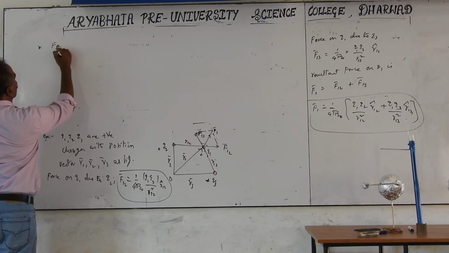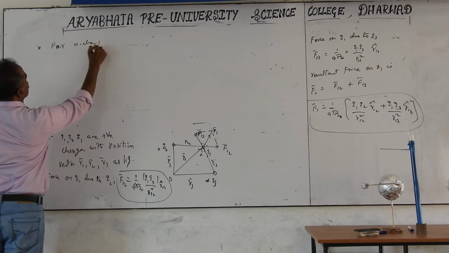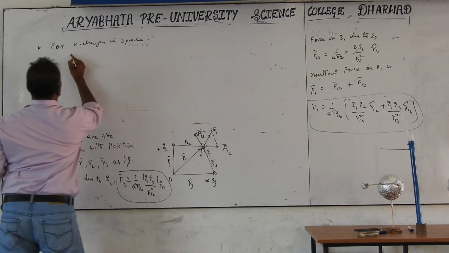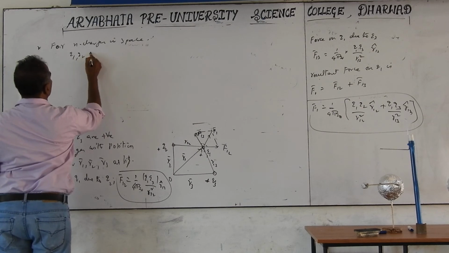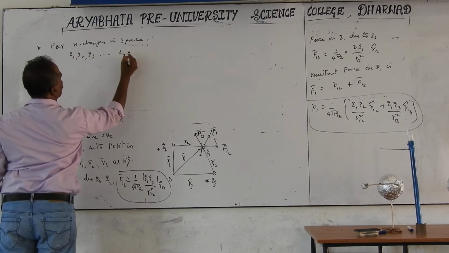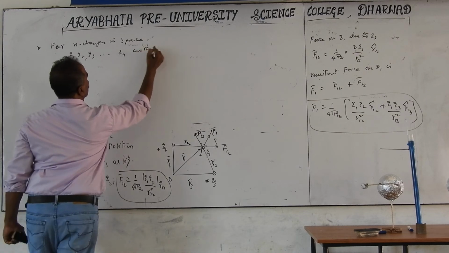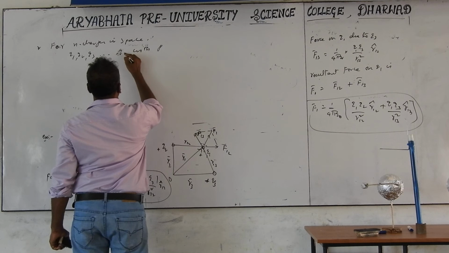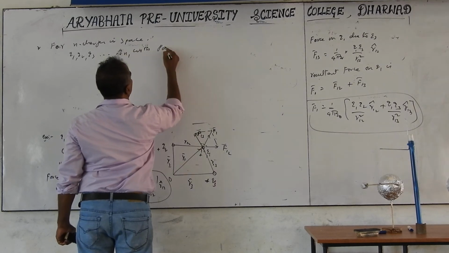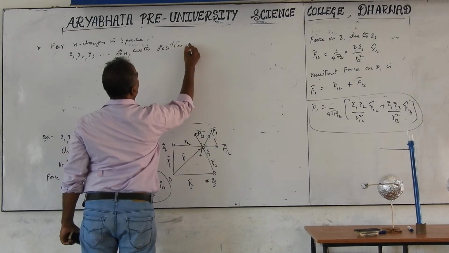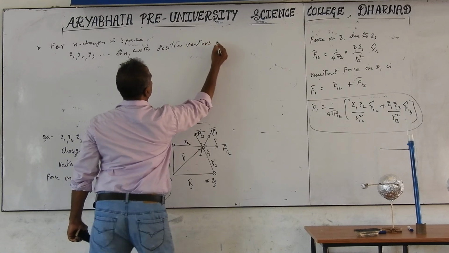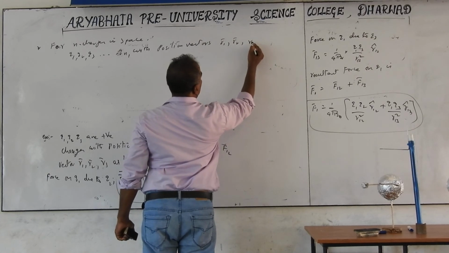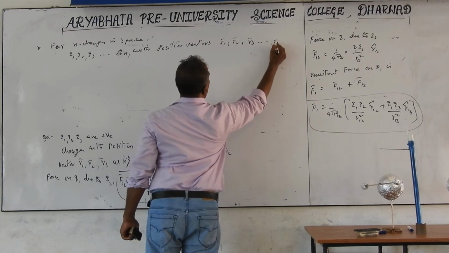For n charges in space, Q1, Q2, Q3 and so on up to Qn, with position vectors R1 bar, R2 bar, R3 bar and so on up to Rn bar.